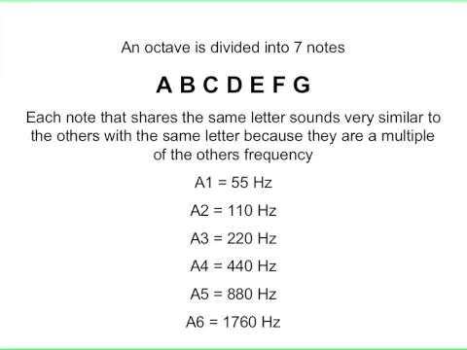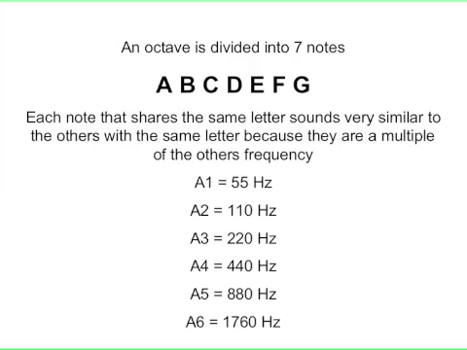A1 is 55 hertz. Then the octave up from that A is A2, that's 110 hertz, doubling 55. Go up another octave from A2 to A3, you notice that 110 doubles to 220. Go up from A3 to A4, you notice that 220 doubles to 440.